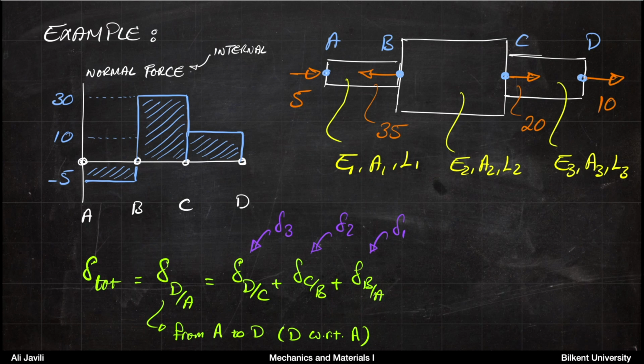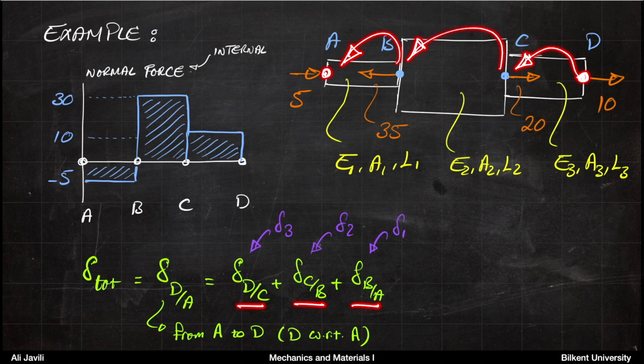You just need to say, well, the total delta is delta from A to D, or you can say D with respect to A. So you may write it like this. So let's say if this is the x-axis or x direction, now the displacement of point D with respect to point A would be D with respect to C, C with respect to B, and B with respect to A. And we can add those displacements.